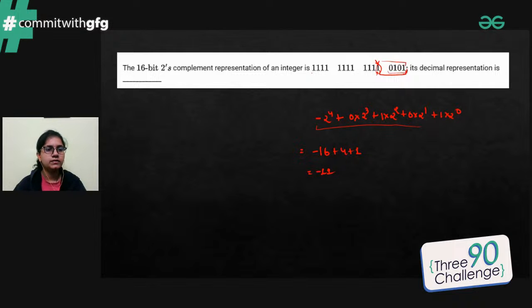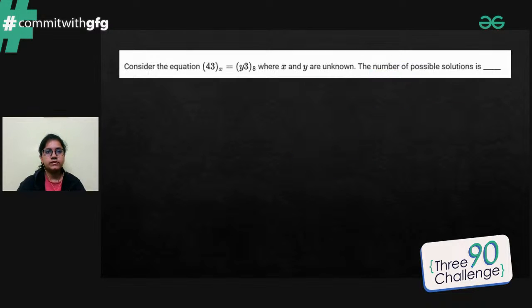Okay, so let's solve this question. Can you just solve this question? Consider the equation (43) in base x equals (3) in base y, and we have to get the value for y. Where x and y are unknown, the number of possible solutions is?